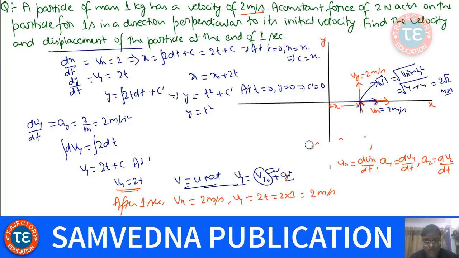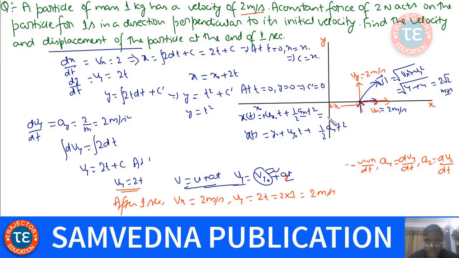Or if you don't want to do it from scratch, you can use the formula. What is the formula? x(t) is ux naught t plus half ax t square, and y(t) is, but here we have to add x naught also, y naught plus uy naught t plus half ay t square.